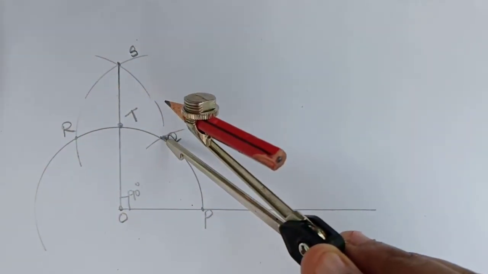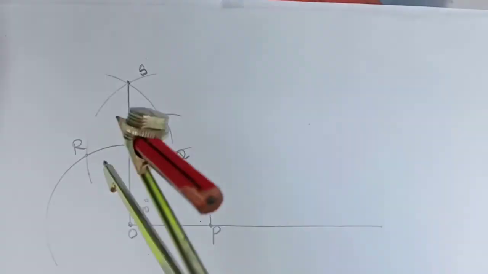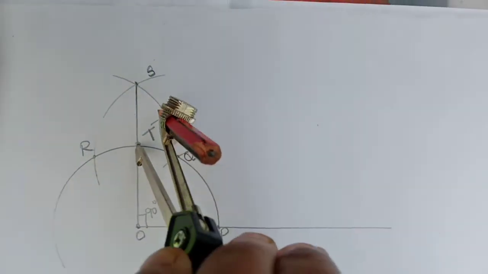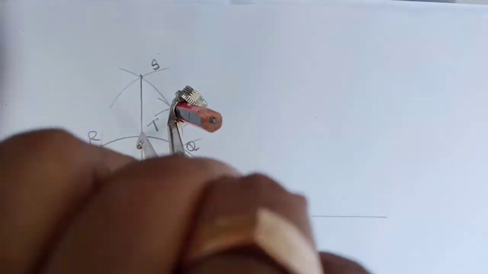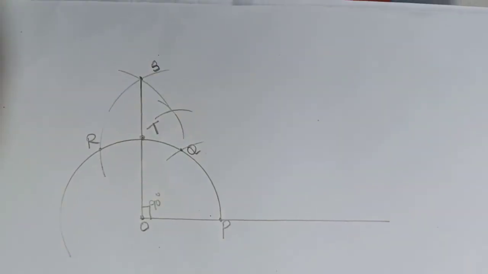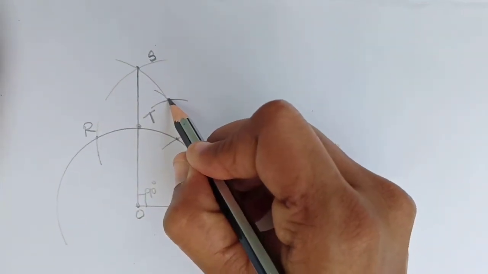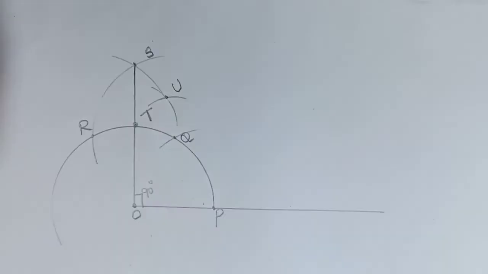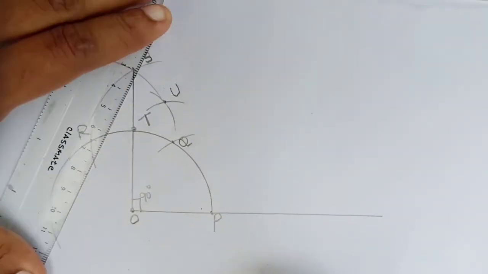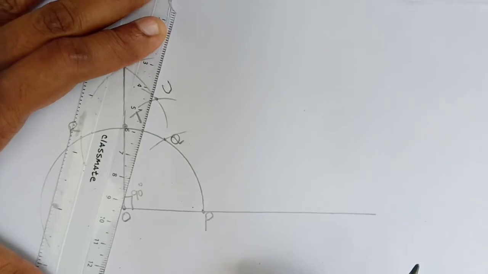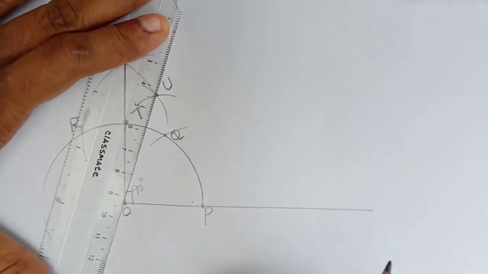By using the same radius, fix the compass at Q, cut the previous arc. Join the intersection of the two arcs and label it as U. By using your ruler, join OU.